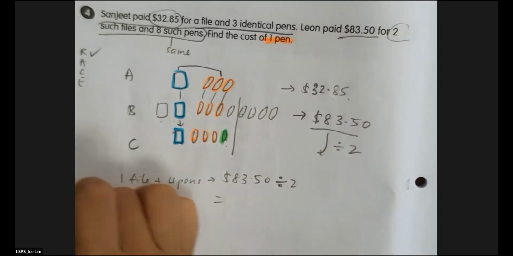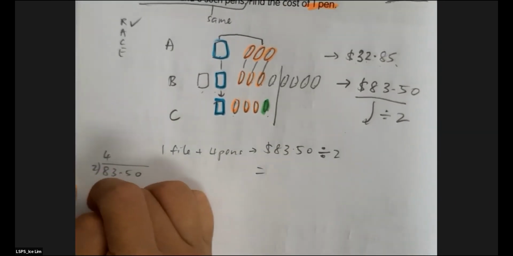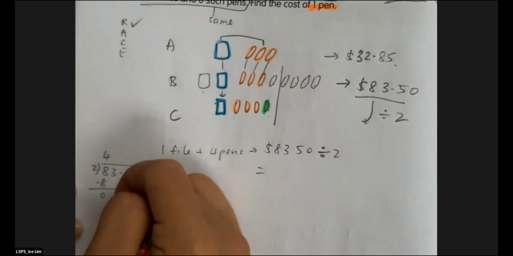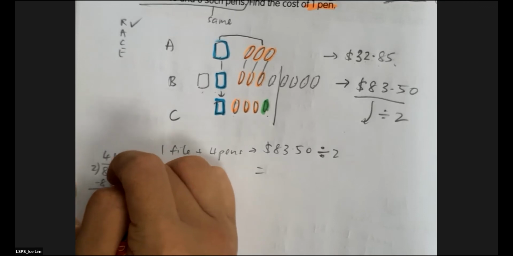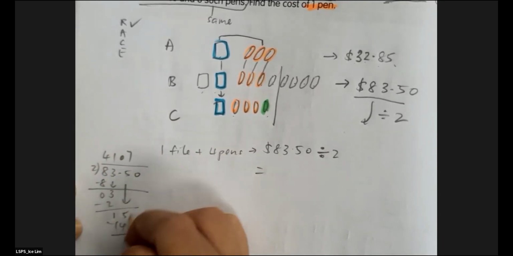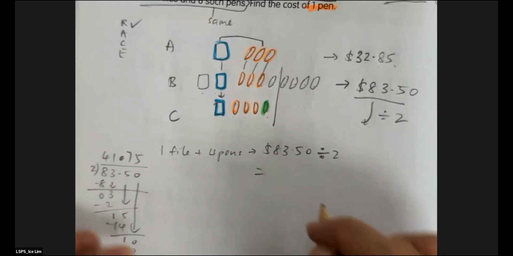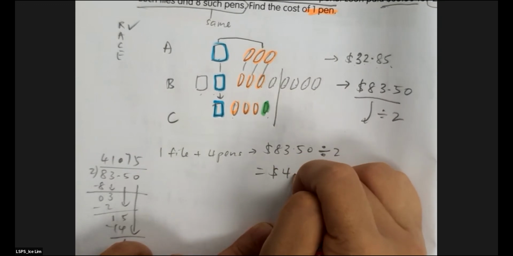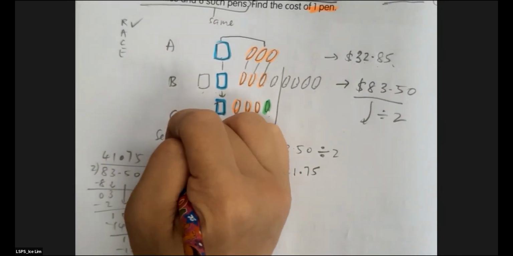That will give me $41.75. This is set C.